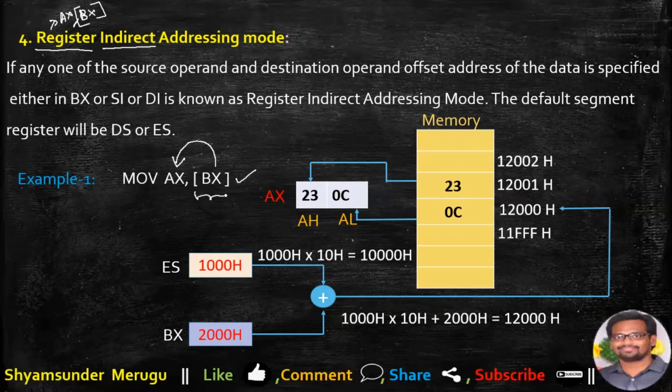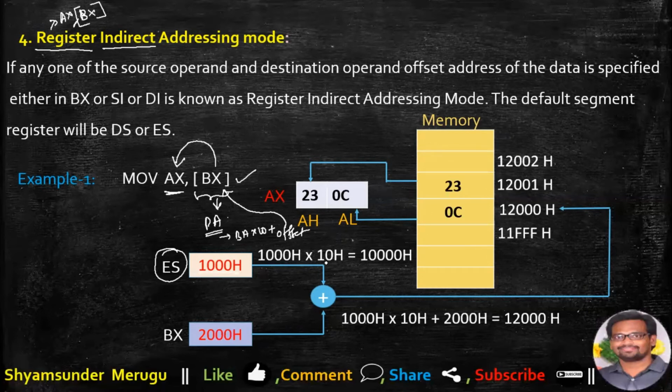Now always, whatever is kept in brackets will be helpful to calculate the physical address. To calculate the physical address, we require the base address multiplied by 10, then we add the offset address. Now this offset address is given by BX, right? And by looking at AX, the default base register that we may consider is the extra segment. Now the extra segment is giving the base address as 1000H.